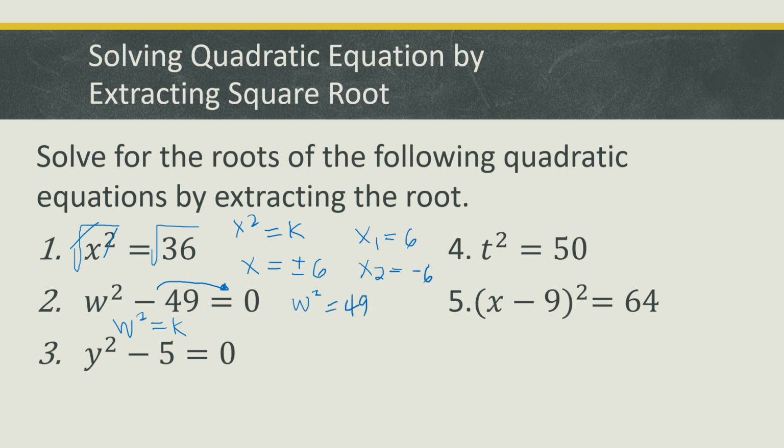And using the method, extract square root both sides, then cancel the square. We have now w has the solutions of positive and negative 7 as it is the square root of 49. So the first solution, we have positive 7. The second solution, we have negative 7.